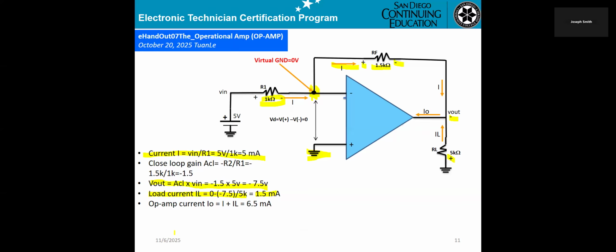Just so they know, R2 and RF are the same thing. You put RF up there, but in the formula you put R2, but they're the same thing. RF and R2 are the same, correct?